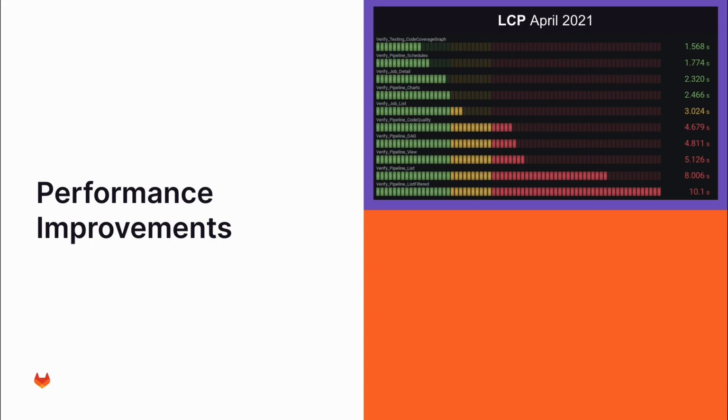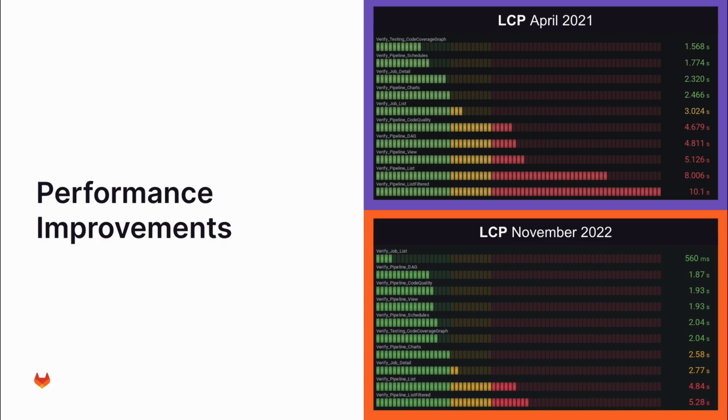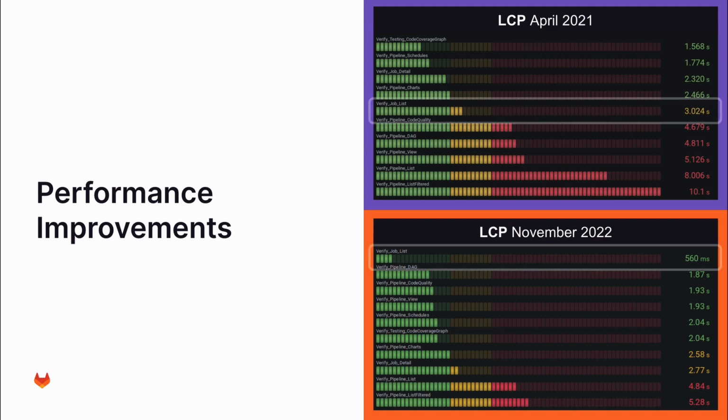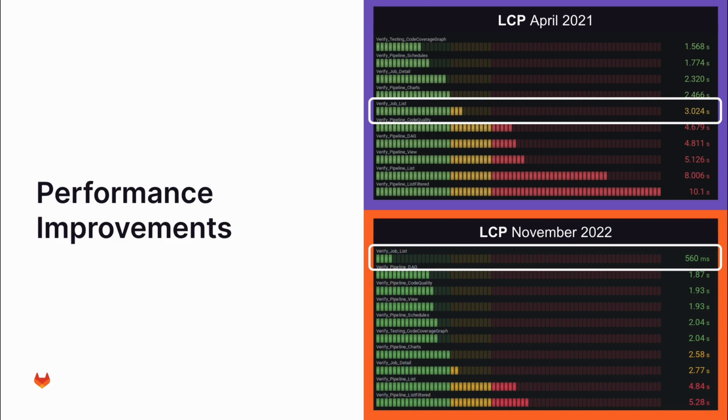That's really not good. We did improve this, and this is what the chart looks like now. It's a lot better. We've gone from 10 seconds to 5 seconds, which is still not good, but it's a hell of an improvement. But that's not really what I want to talk about at the minute. I want to specifically call out the verified job list. This went from taking 3 seconds to load all the way down to half a second.